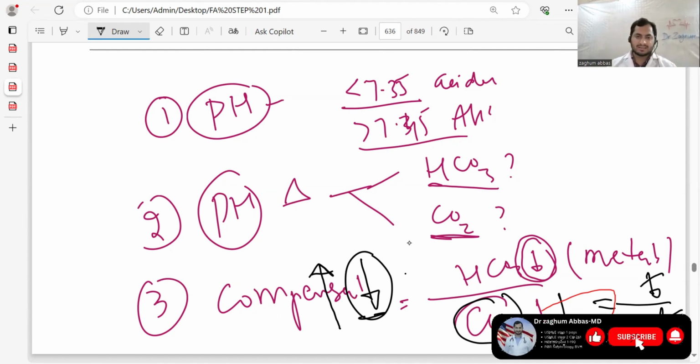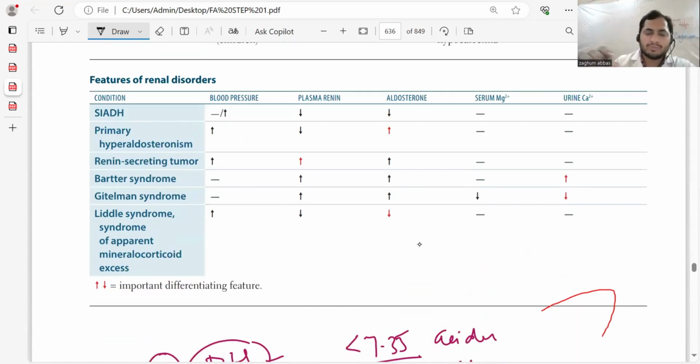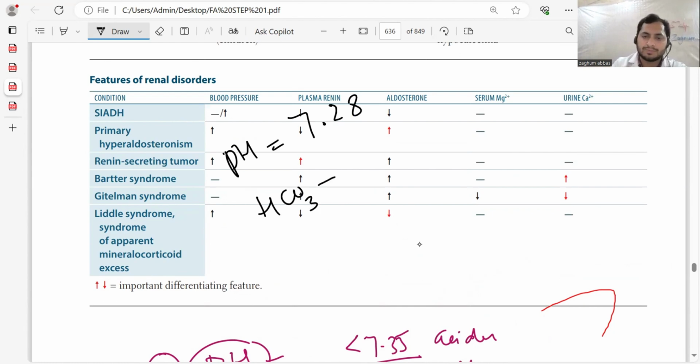So let's start with an example. Here is the example. The formula is given: pH is 7.28, bicarbonate level is 18, and carbon dioxide level is 35.